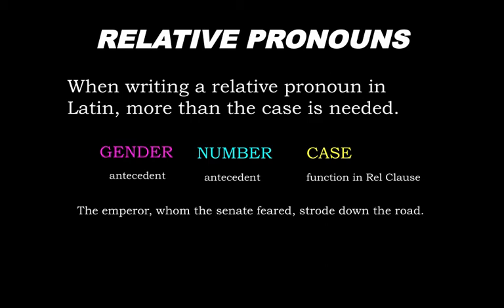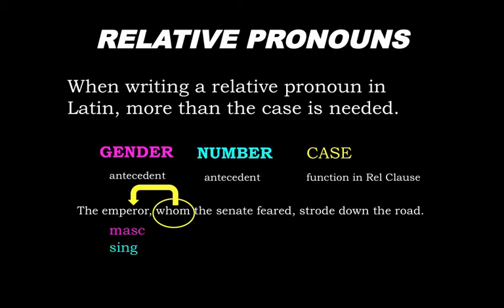So if we take a look at a sentence, the emperor whom the Senate feared strode down the road, we see that our relative pronoun is whom. The antecedent is emperor. So let's get those first two pieces of information from the antecedent. Gender is going to be masculine, and number then would be singular.